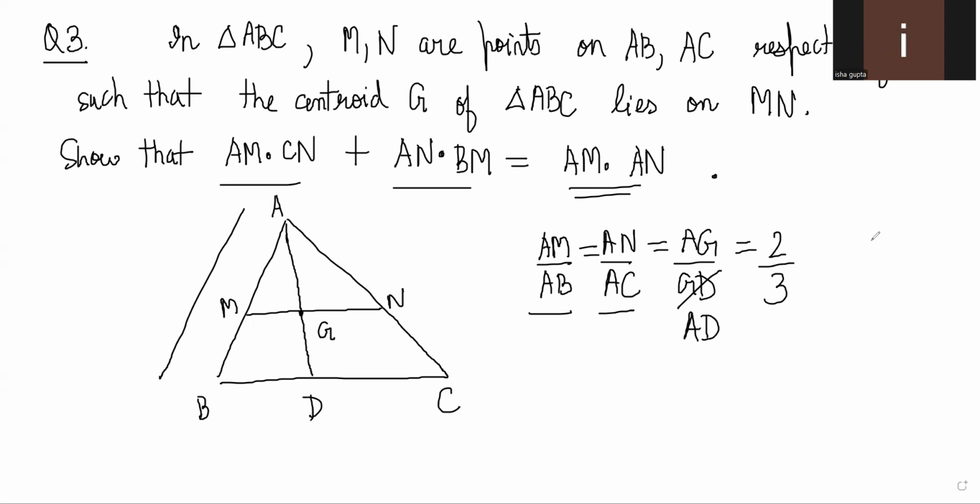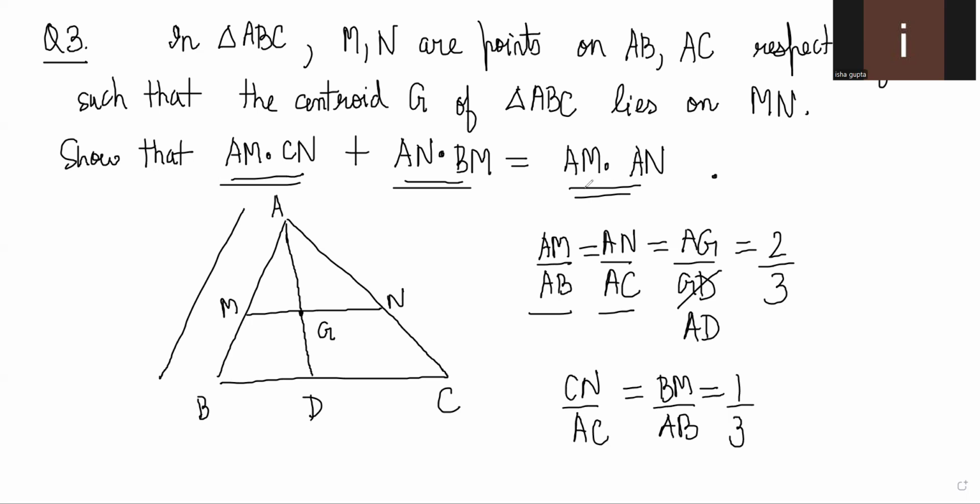Similarly, you can say that CN by AC is equal to BM by AB, which is 1 is to 3. So if I have AM into CN, I have to prove this is equal to this.